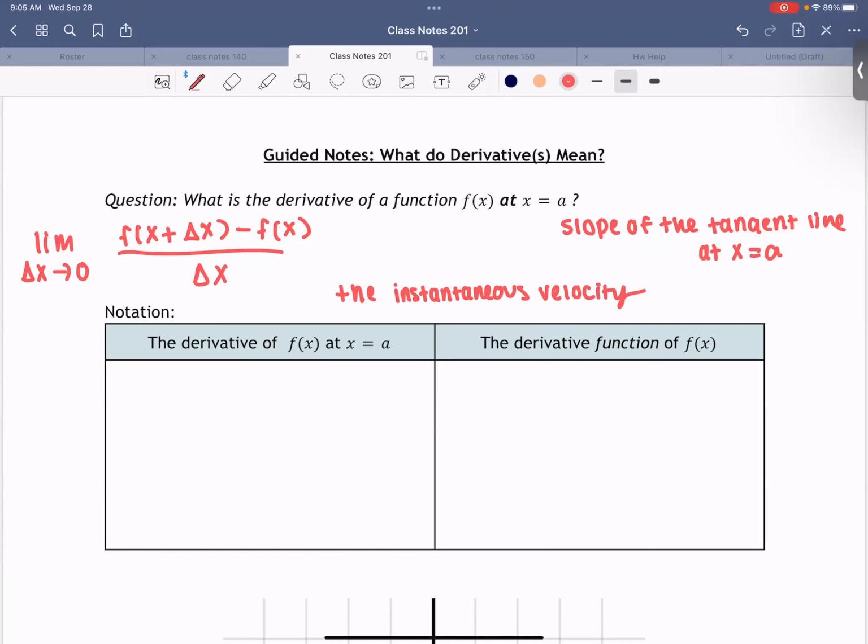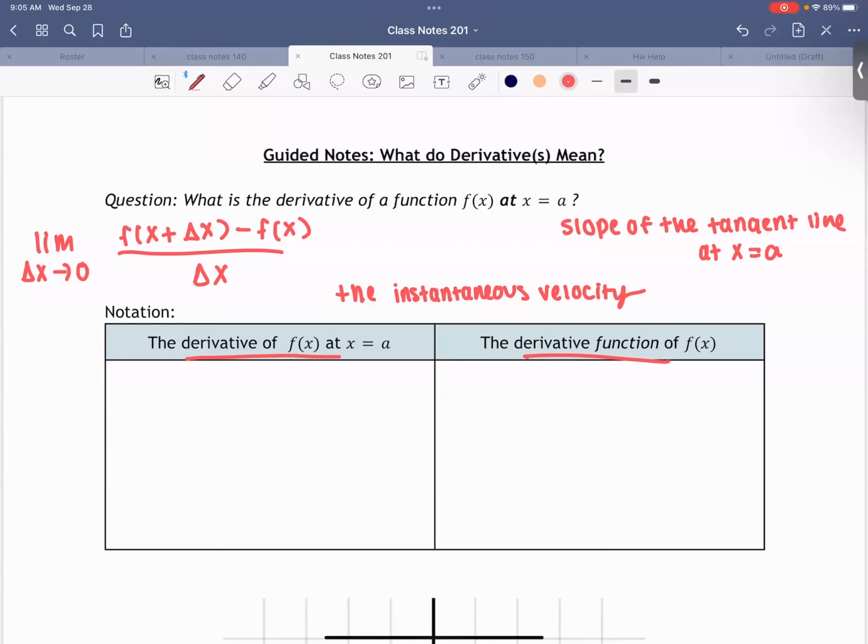There's two different things that we're dealing with, right? We have the derivative of a function at a point, and then we have the derivative function. One of these is a number. Which one is the number? The derivative of the function at a point, right?